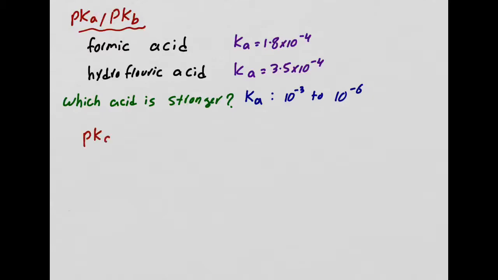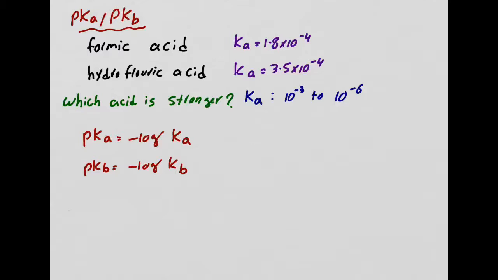So pKa is minus log of Ka. pKb is minus log of Kb. So it's fairly easy to figure out the pKa and pKb, and it's a better way to express the acidity of the weak acid, or how basic the weak bases are. It's more intuitive because the numbers are going to be a little bit nicer.